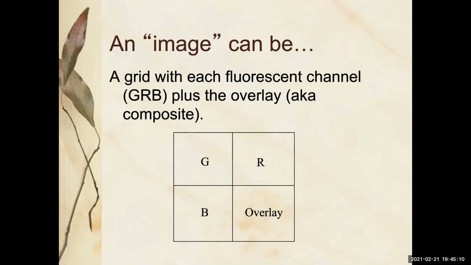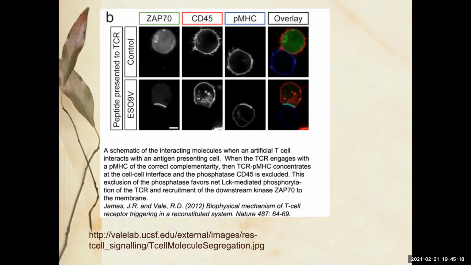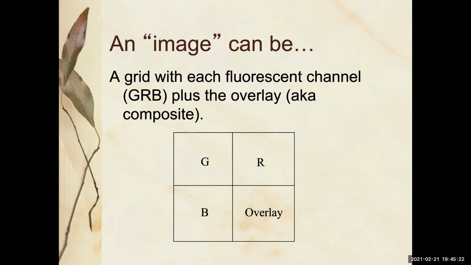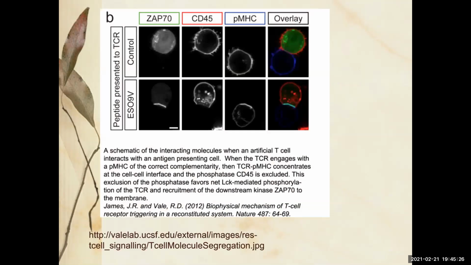Okay, so overlay or composite, you can put them in a grid like this, or you can just put them in a row like Ron Vale and his lab did on this paper, as you wish, but you want to present them together. Square, rectangle, either way is good.